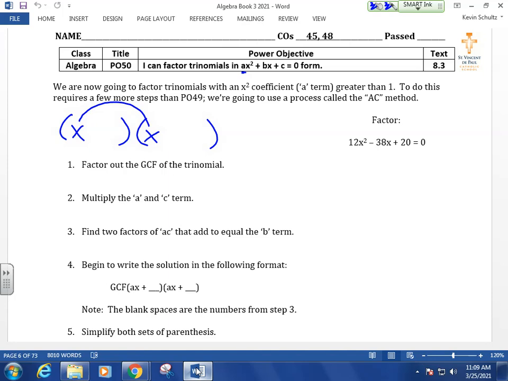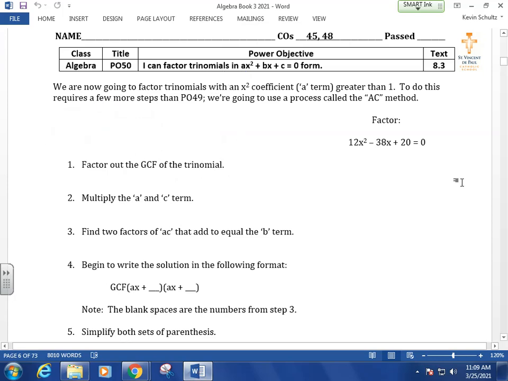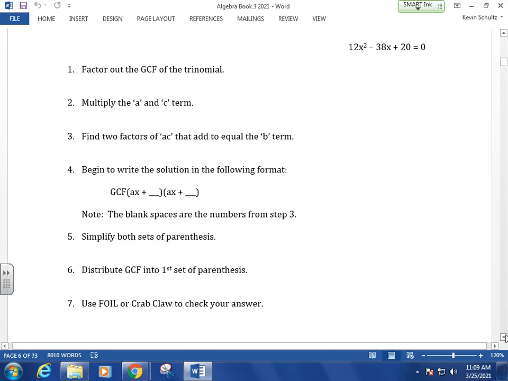But as soon as you add a coefficient other than 1, things get tricky because not only does that coefficient involve the numbers that go before the x in your parentheses, but it also is affected by the constants that you put in, okay? So keeping all of that in mind, we are going to run through the steps several times, how to factor a trinomial in ax squared plus bx plus c form.